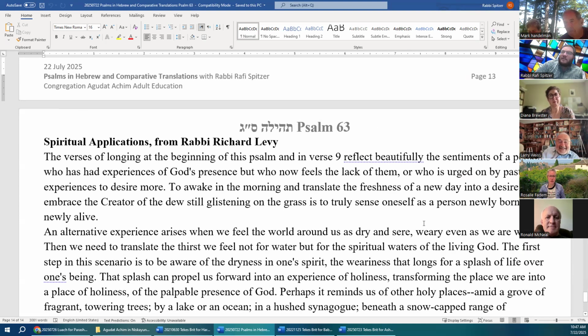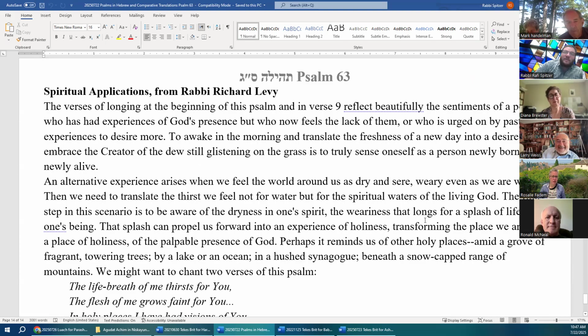So in his spiritual applications with regard to this psalm, he doesn't address the issue we were just talking about, which is that the end of the psalm feels a little discordant with the other parts.